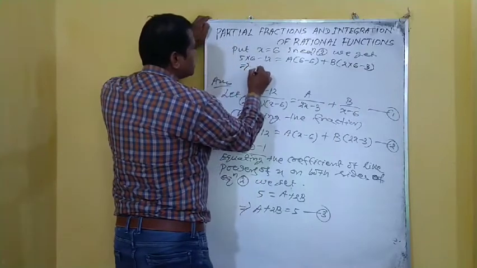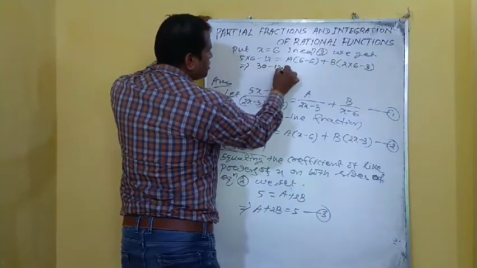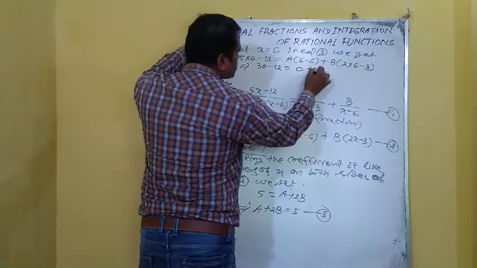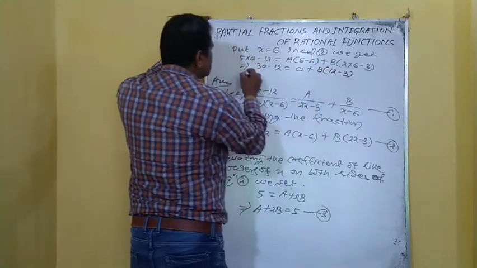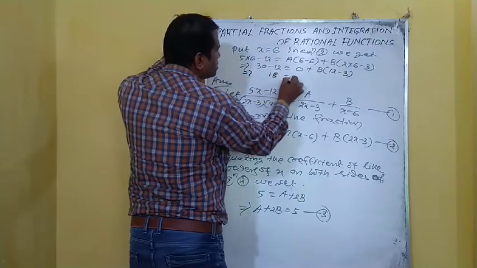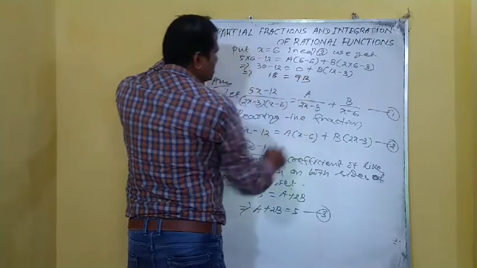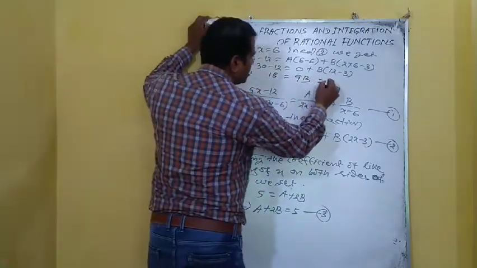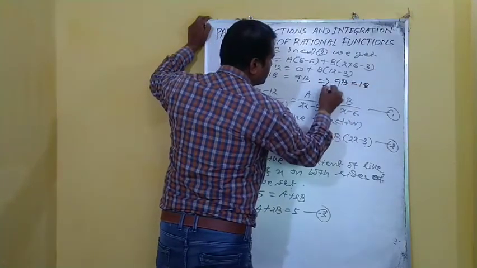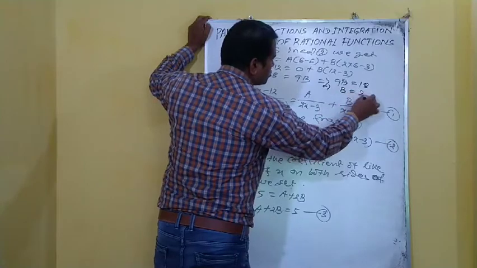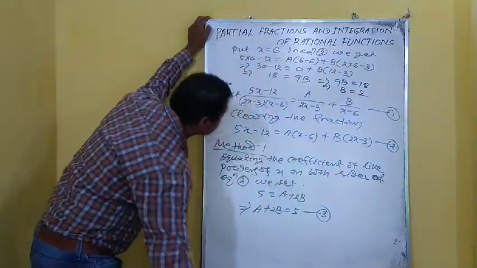That means 30 minus 12 is equal to 0 plus B whole into (12 minus 3). That means 18 is equal to 9B, so 9B is equal to 18 and B is equal to 2.